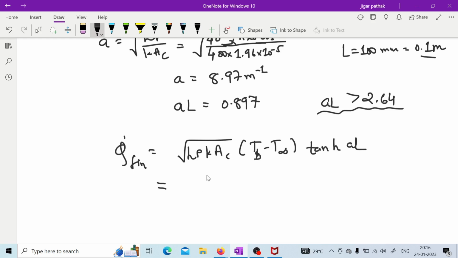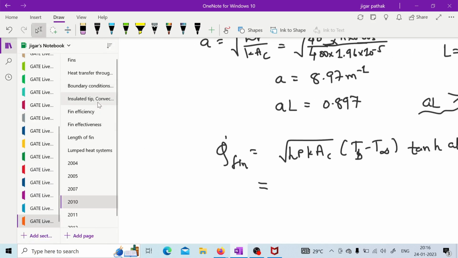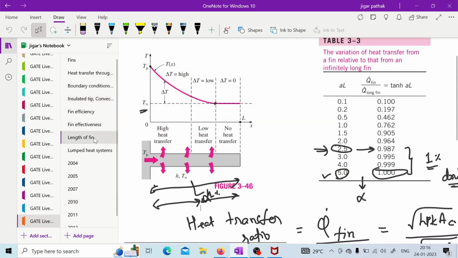Sorry? mL greater than 2.64. How do we conclude this? We have seen that the length of the fin here, at some 2.6 or something, tanh may be exactly 0.99 or something, right? Here it is 0.987, here it is 0.995. So for only 1%, we are not wasting more material. Are you getting? Okay, sir. Going for infinite length.